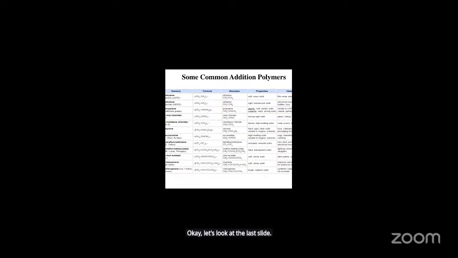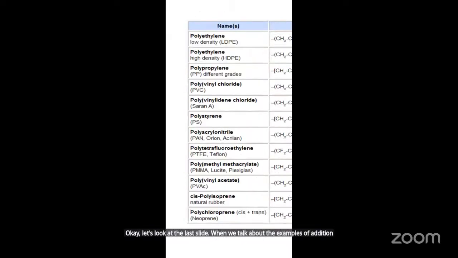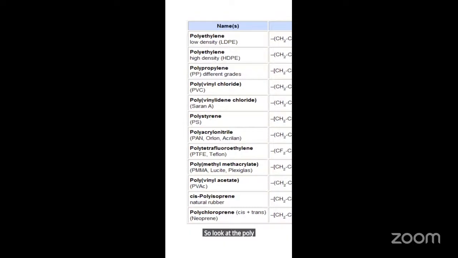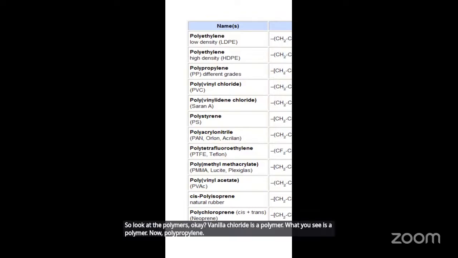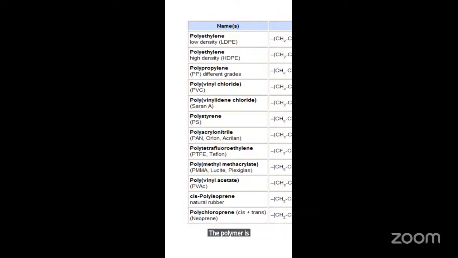Okay, let's look at the last slide where we talk about the examples of addition polymers. So look at the polymers. Vinyl chloride is the monomer, and what you see is the polymer. Now polypropylene, the monomer there is propylene. Then polyacrylonitrile. So all this, in poly, is many of it.